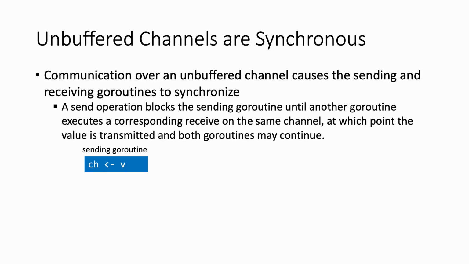In particular, a send operation on an unbuffered channel blocks the sending goroutine until another goroutine executes a corresponding receive on the same channel, at which point the value is transmitted and both goroutines may continue.